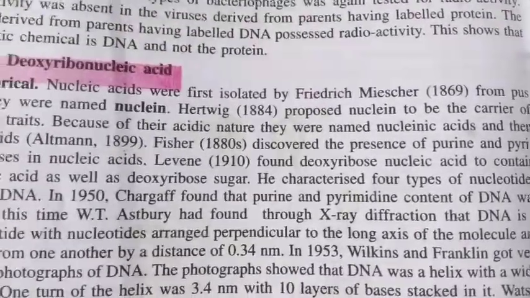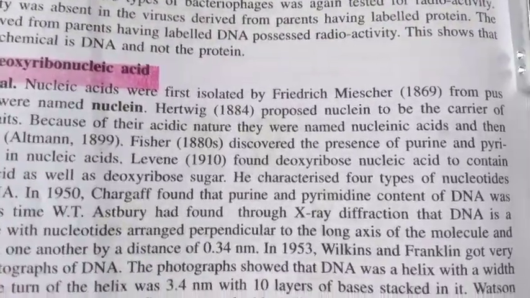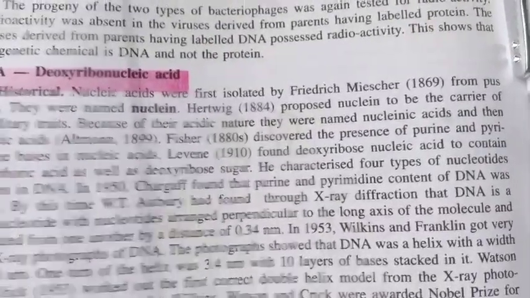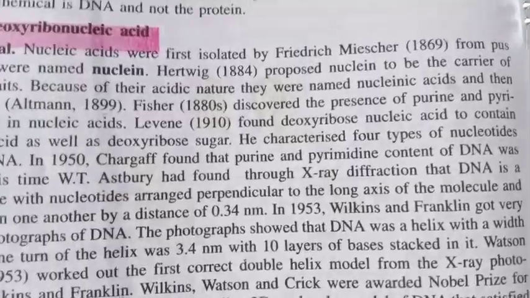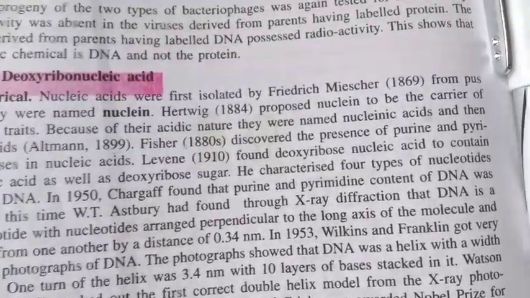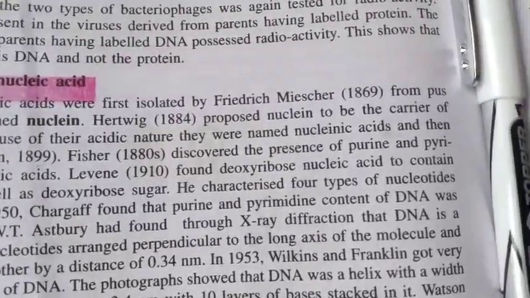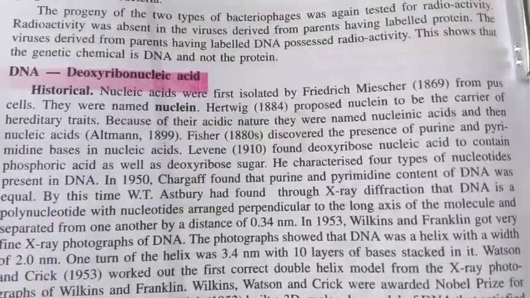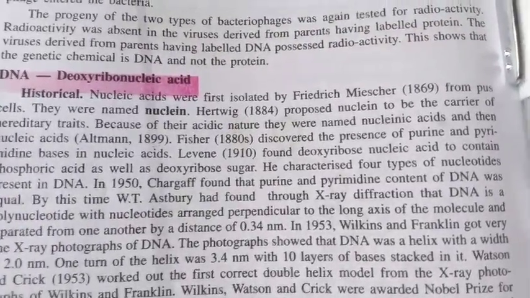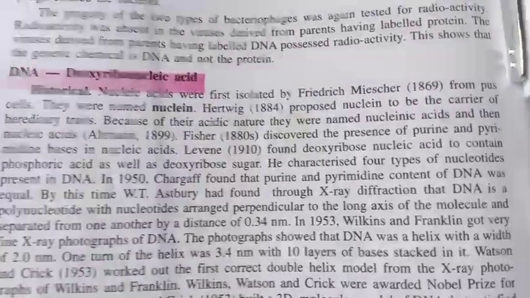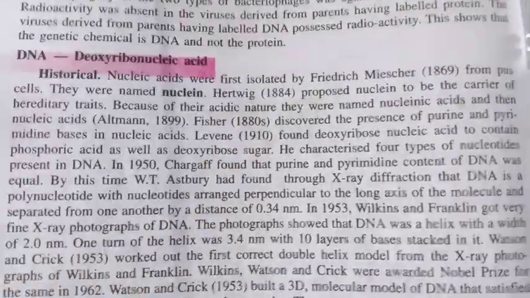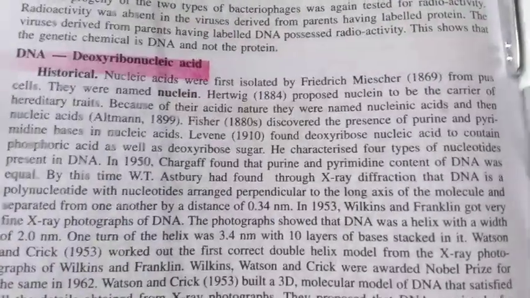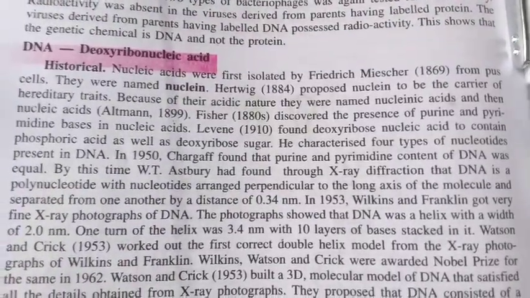Fischer in the 1880s discovered the presence of purine and pyrimidine bases in nucleic acids, and then Levine in 1910 found deoxyribose nucleic acid to contain phosphoric acid as well as deoxyribose sugar. And then he characterized 4 types of nucleotides present in the DNA.